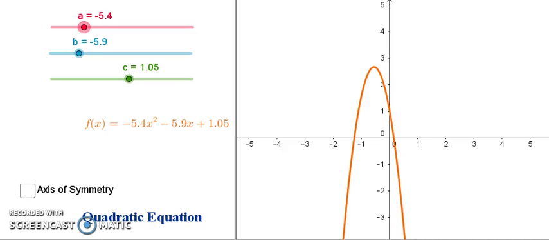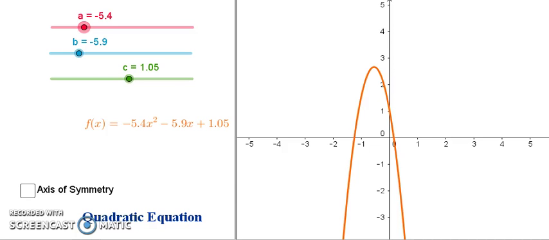Now the radicand is the part under the radical sign. That's b squared minus 4ac. That part of the quadratic formula is called the discriminant. The discriminant will tell me whether I have two real roots, one double root, or complex roots.